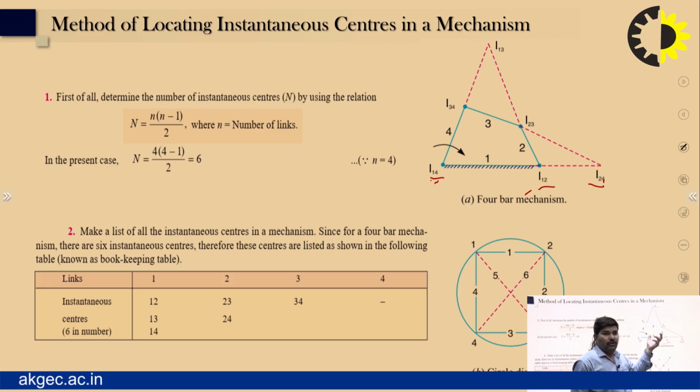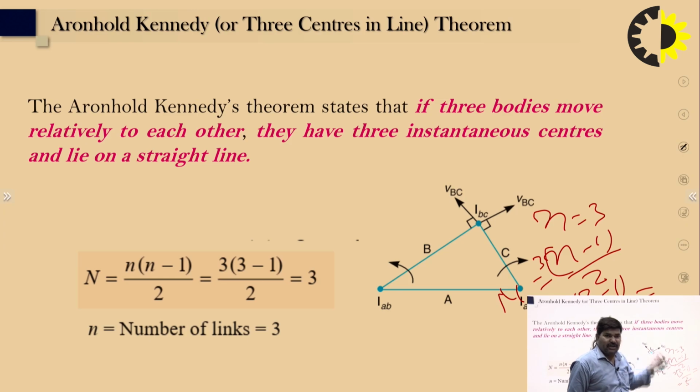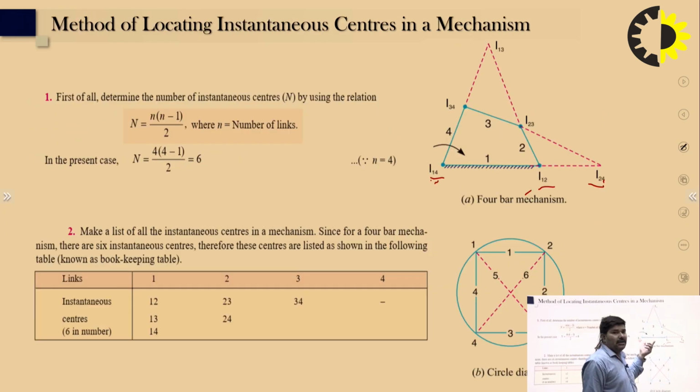As per the theorem, if 3 bodies move relative to each other, they have 3 instantaneous centers that lie on a straight line. So in the 4-bar mechanism, the 3 instantaneous centers I14, I12 and I24 lie on a straight line.